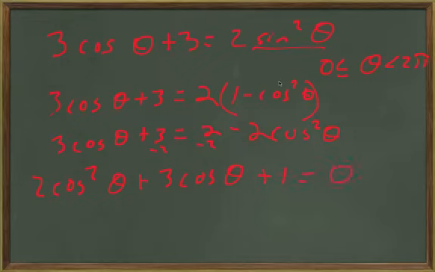Okay, so once again we factor this out to give us 2 cosine theta plus 1 and cosine theta plus 1 equals 0.